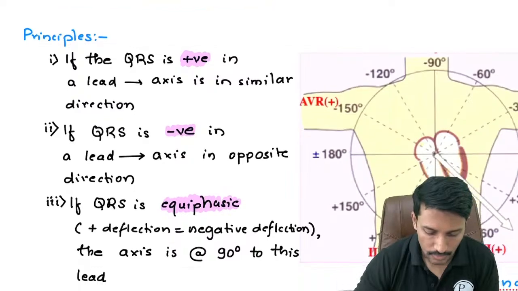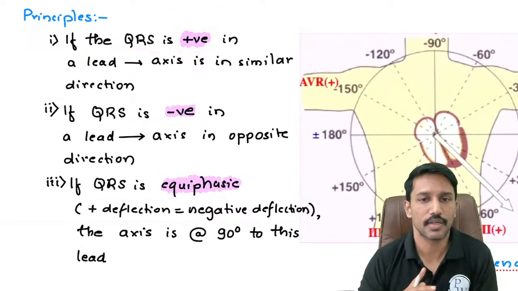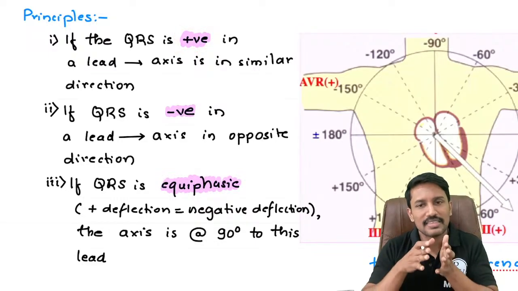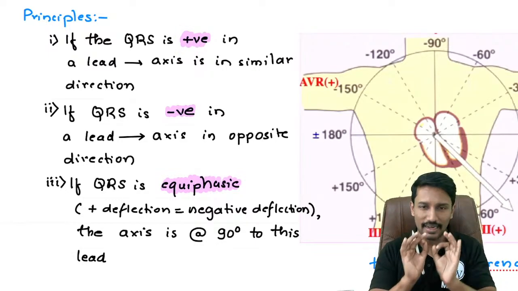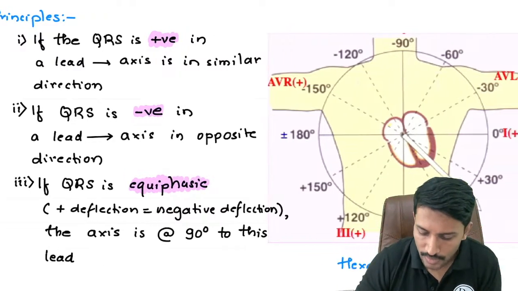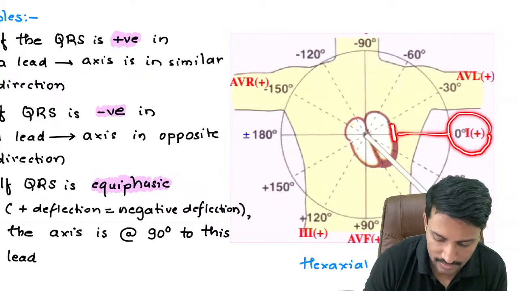So the first principle is the QRS. Pick up any lead. If the QRS is positive, the axis is towards that direction, not exactly in the same direction, but towards that direction. For example, lead 1 is looking at the lateral side of the heart.